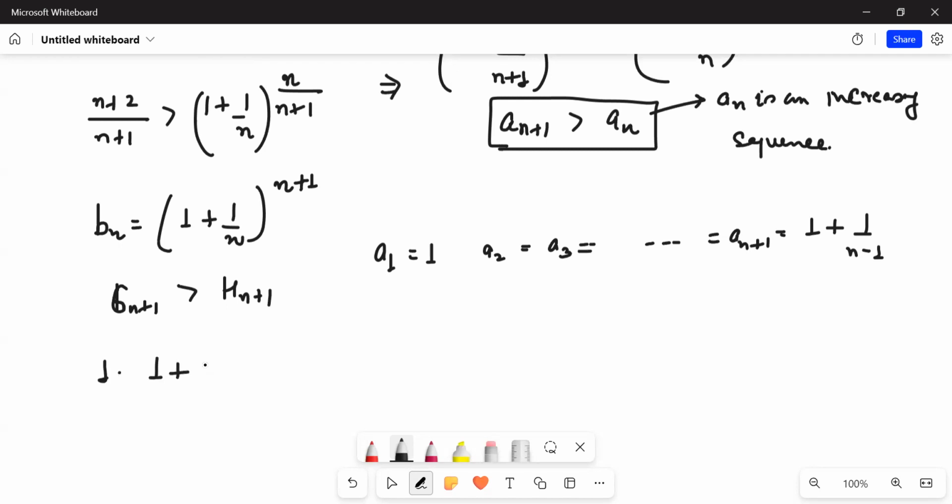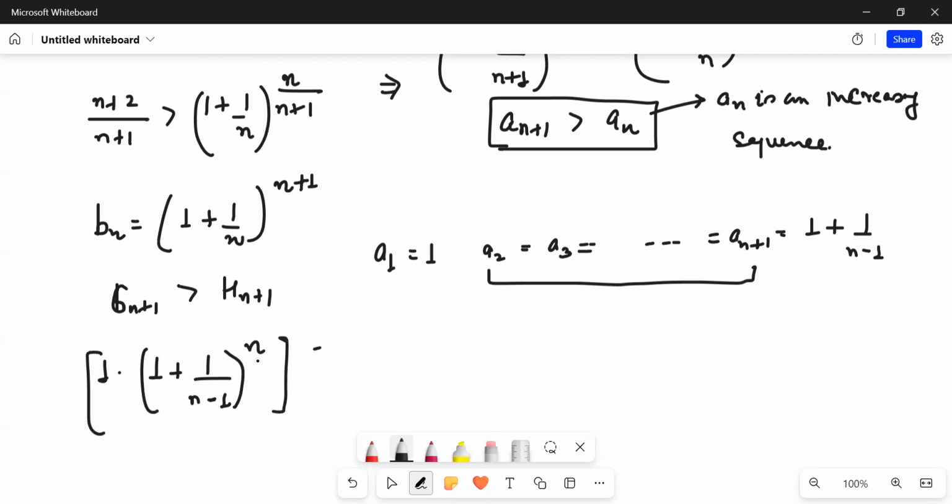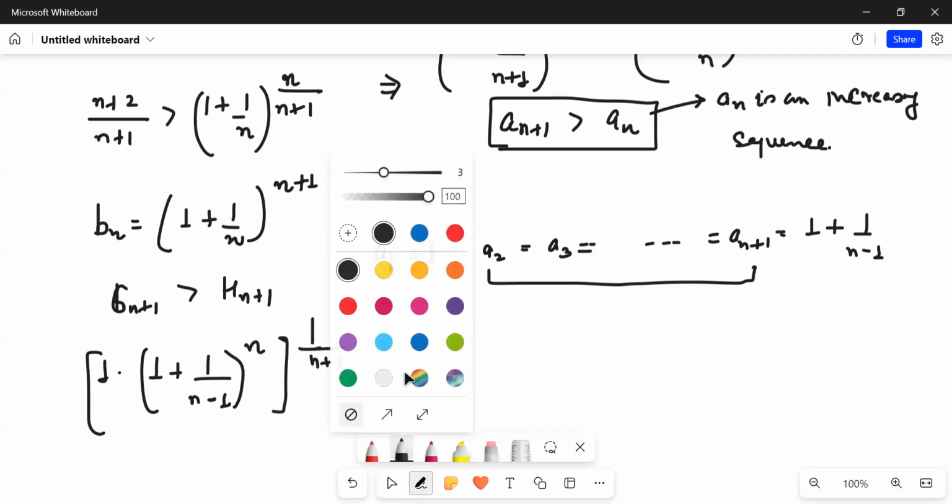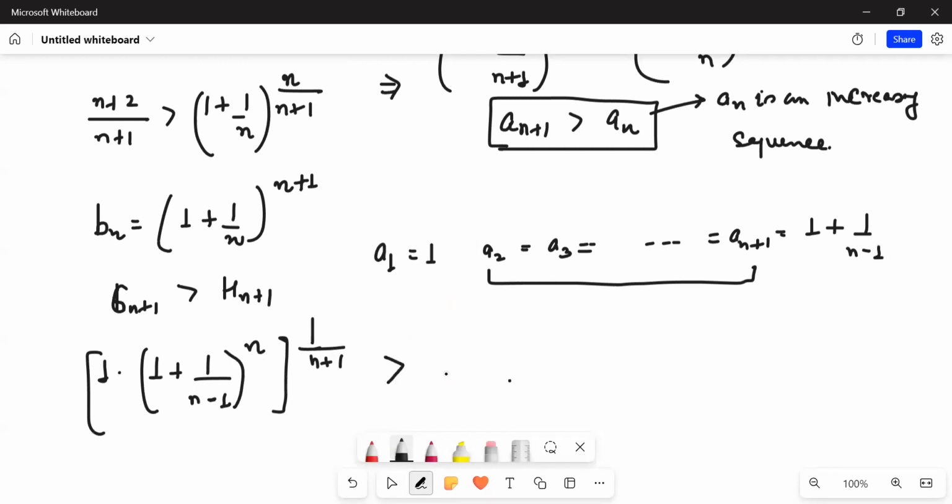This would be (1 + 1/(n-1))^n, because in totality these are n numbers, raised to power 1/(n+1), because in totality these are n plus 1 numbers. So the geometric mean would be this, and the geometric mean of these n plus 1 numbers would be greater than the harmonic mean of these n plus 1 numbers.